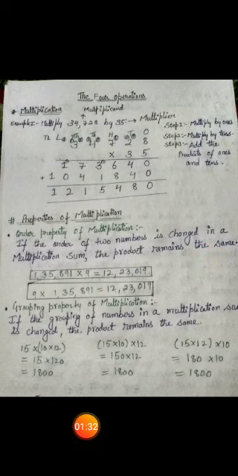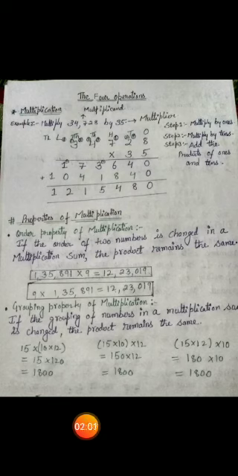Next, properties of multiplication. The first property is the order property of multiplication. If the order of two numbers is changed in a multiplication sum, the product remains the same. In the example, 1,35,891 multiplied by 9 gives us 12,23,019.